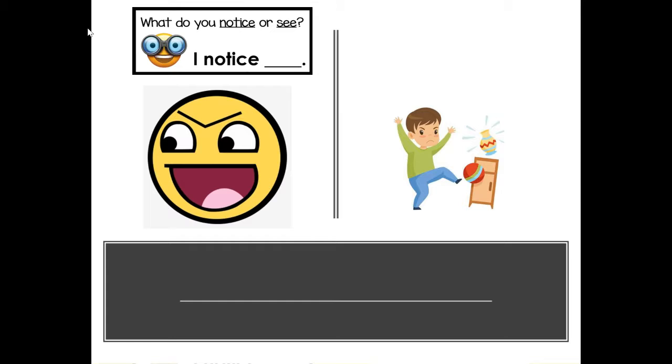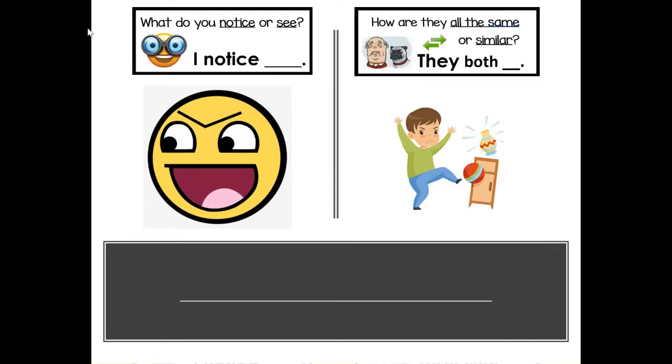In the second picture, I notice a boy who's making some bad decisions. So, how are these pictures the same or similar? They both show scamp.